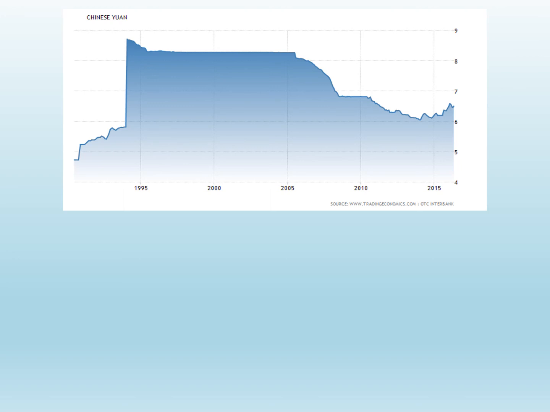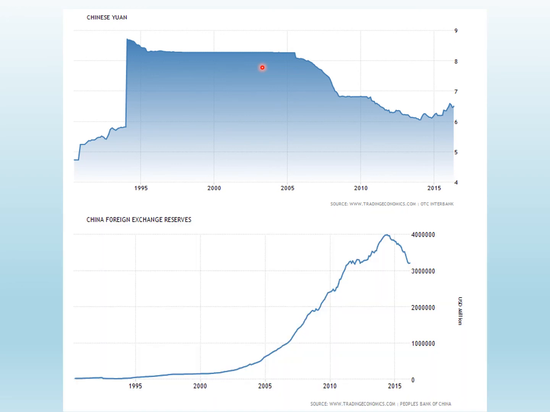We can now take what we've done theoretically and see this in operation in China, where the example I was using a moment ago is that China had a currency which was fixed against the US dollar and in the latter period here was in fact undervalued. The reason I know that is if I look at the reserves account in China, you can see how the reserves build up and build up and build up.